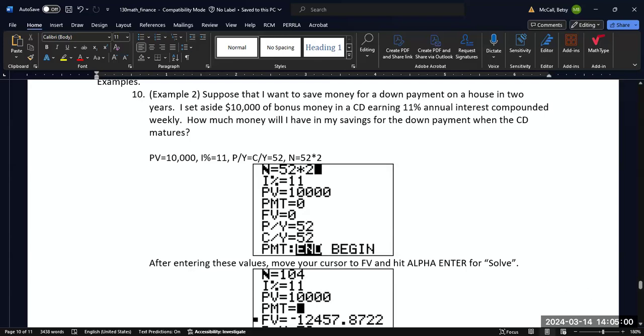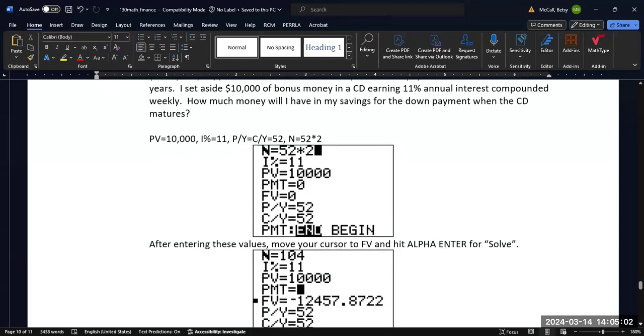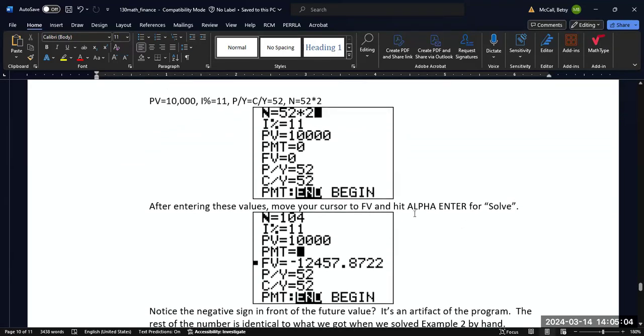And then after we enter all of these values, the solver option is above the enter key. Hit alpha. The alpha key is on the second row of your main keypad on the top left. And then the enter key is obviously on the bottom right.